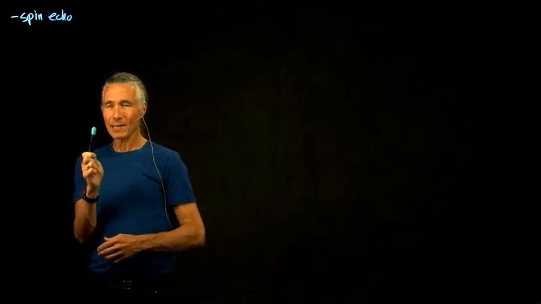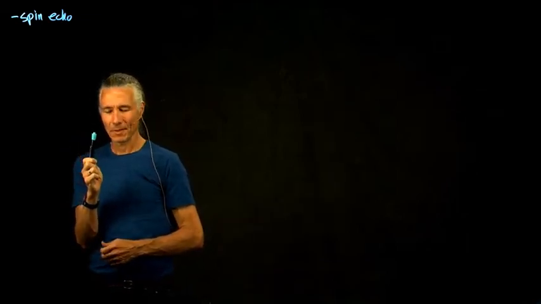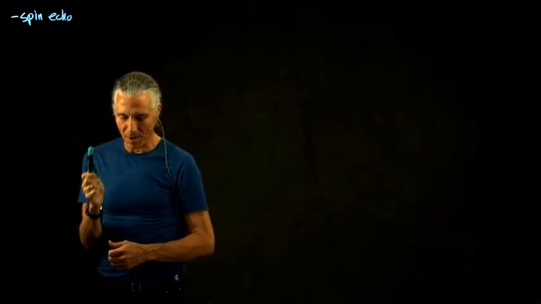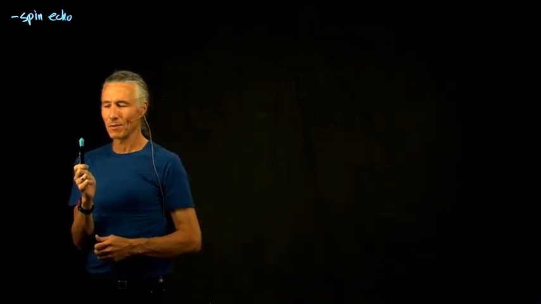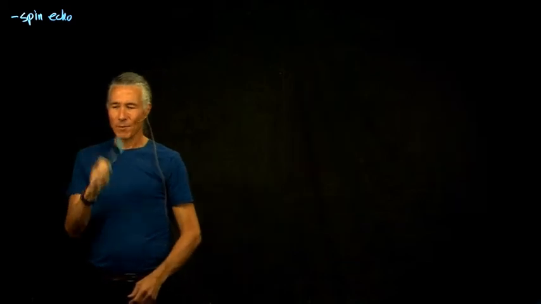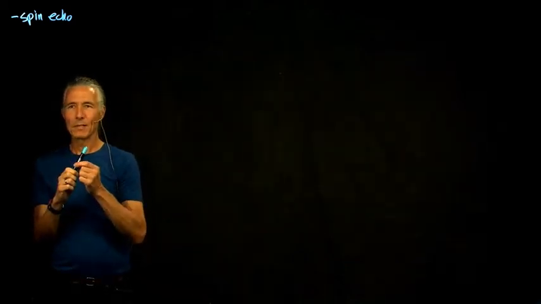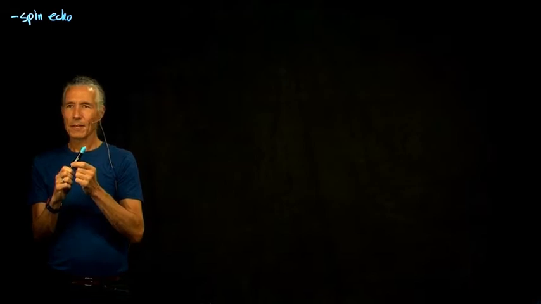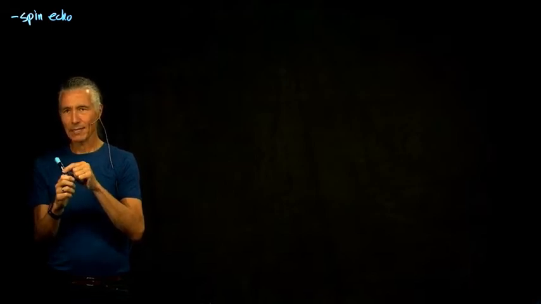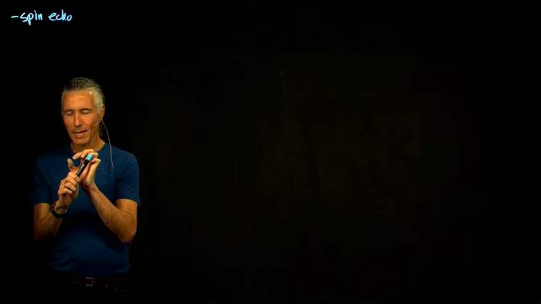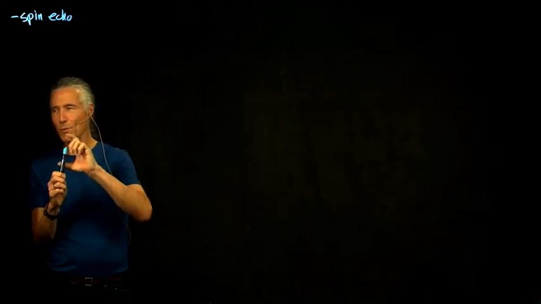describes a particular magnetic field vector, just one magnetic field vector. So it says, if you have this magnetic field vector, then here's what's going to happen to it. It's going to precess, and it's going to have T2 decay, and it's going to have T1 regrowth.